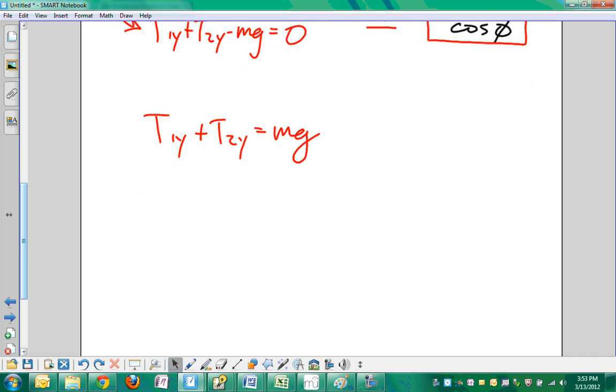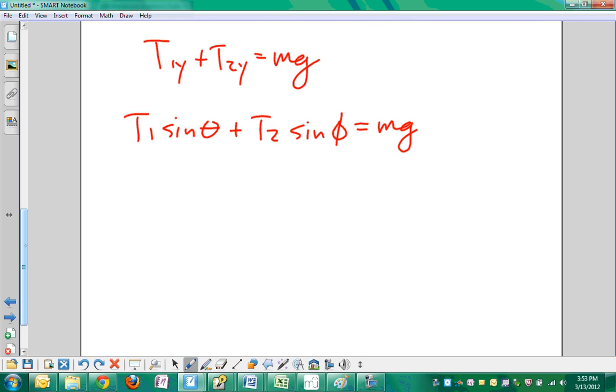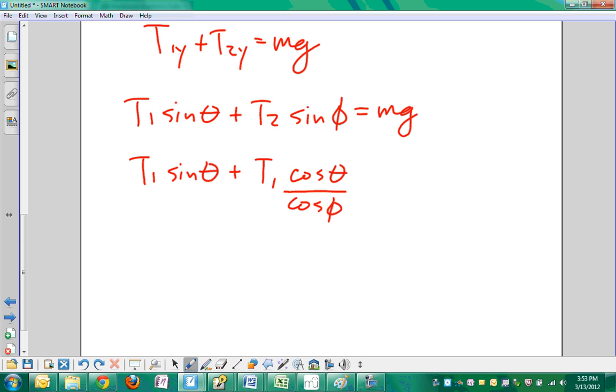Actually, let's first make things a little easier, and we'll say T1 sine theta plus T2 sine phi is equal to mg. Now we're going to take this substitution and replace T2 with T1 cosine theta over cosine phi. So T1 sine theta plus T1 cosine theta over cosine phi, still times sine phi, equals mg.